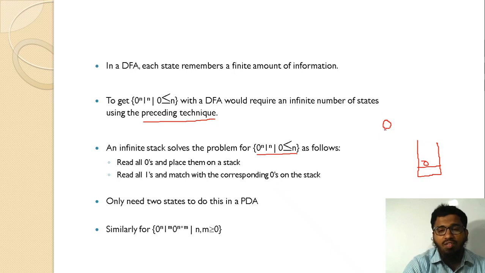So, whenever we have a 0, we are pushing it onto the stack, and whenever we get a 1, at that time we are checking the corresponding zeros from the stack. We are popping. Whenever we have 1, we are popping.